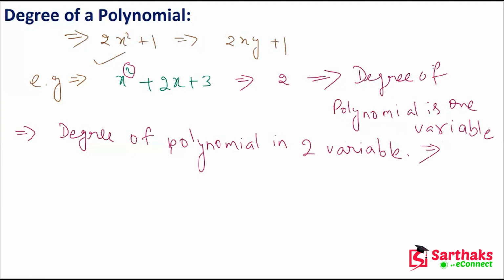And the highest sum so obtained is called the degree of the polynomial.